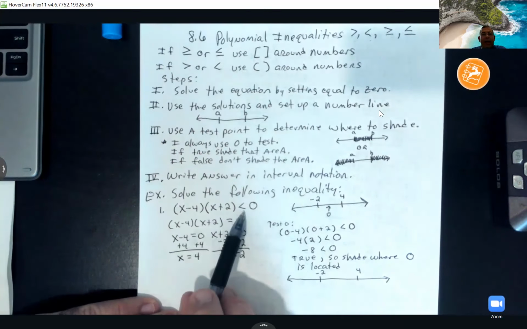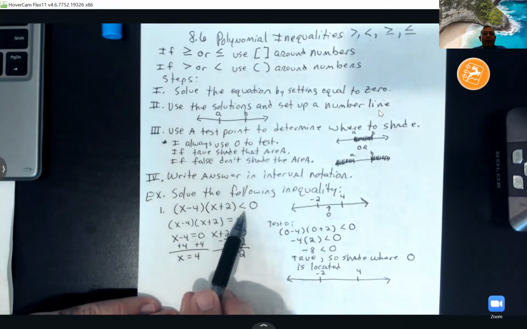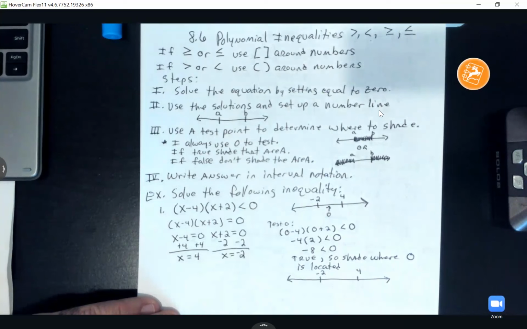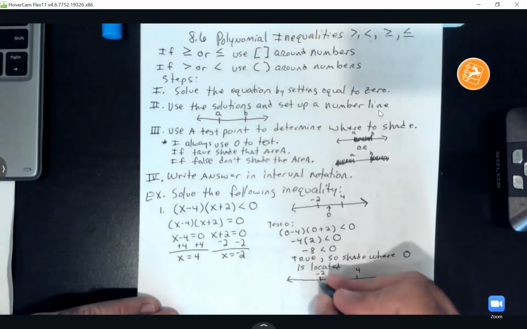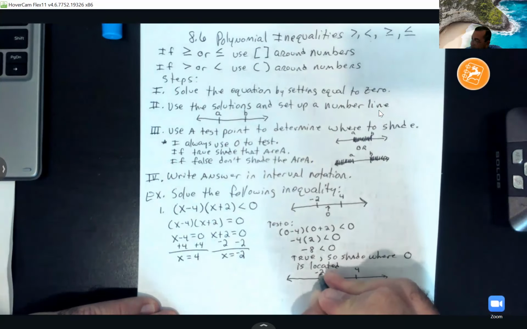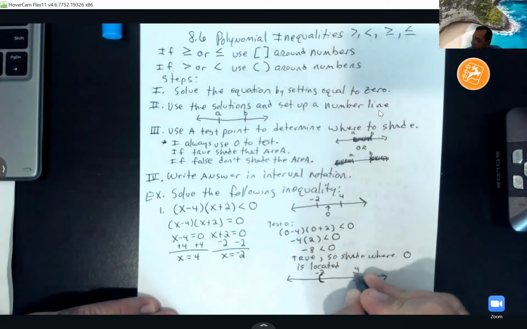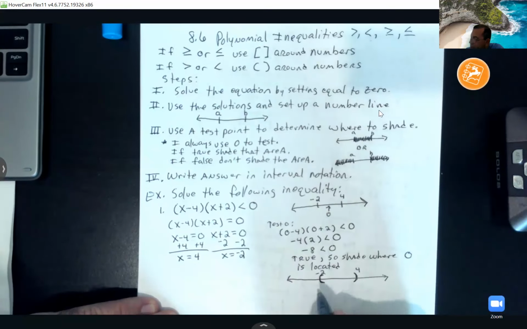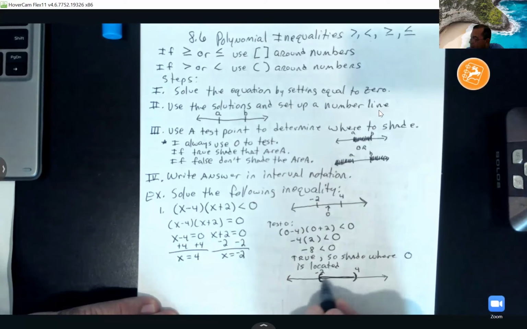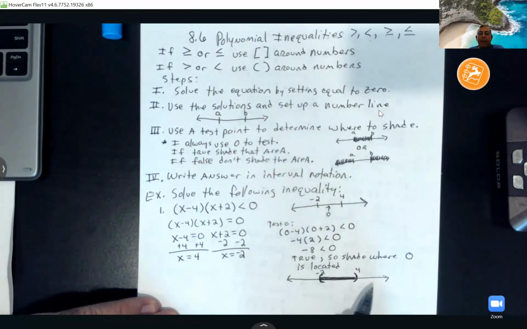So remember, we're looking at the inequality. That is just a less than. You're going to use parentheses. So I got my parentheses. And then we're just going to shade it in between where that 0 is located. Now, we got to write our answer in interval notation.